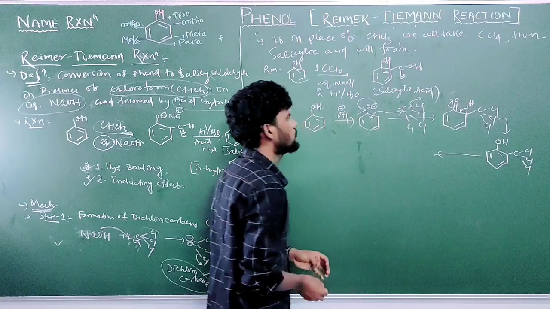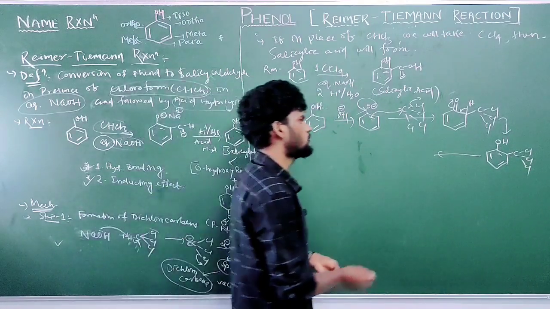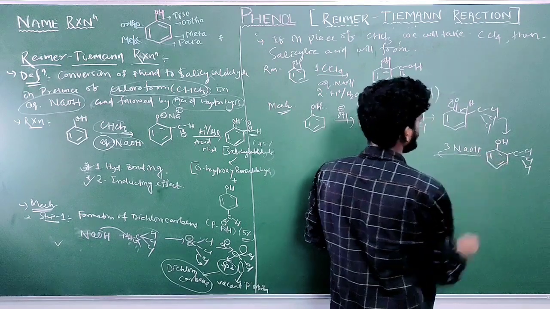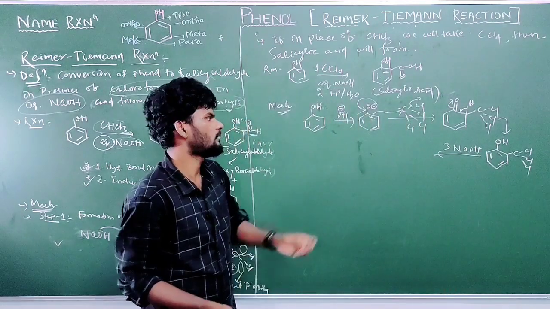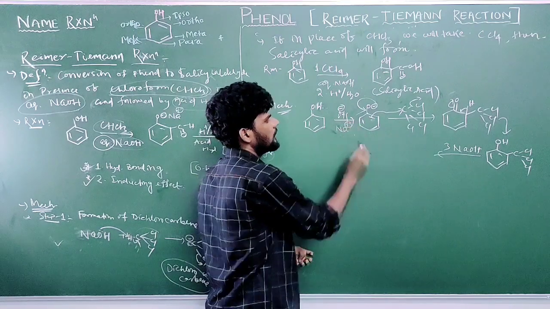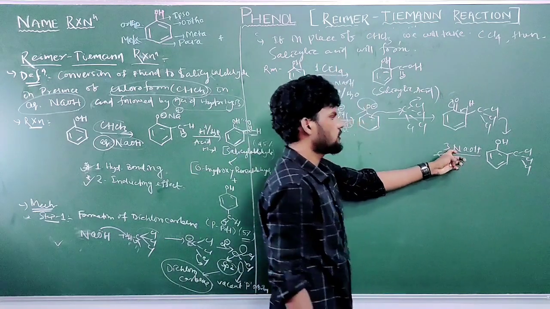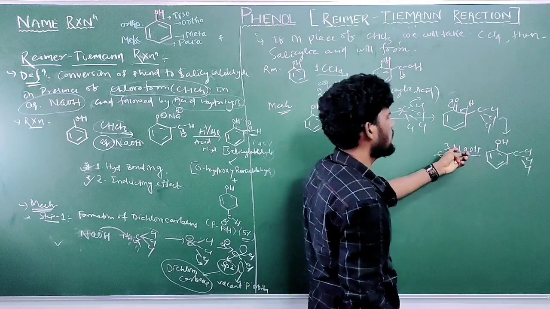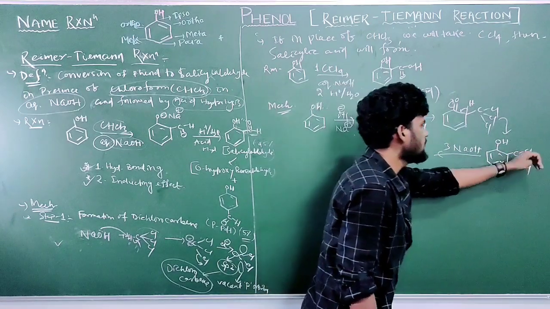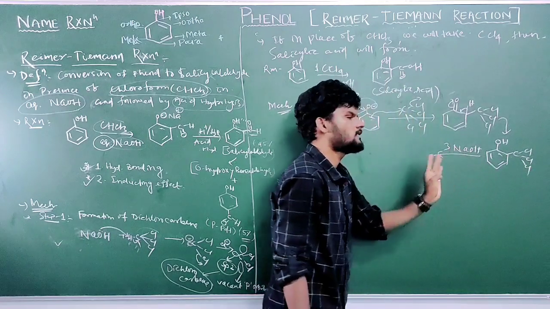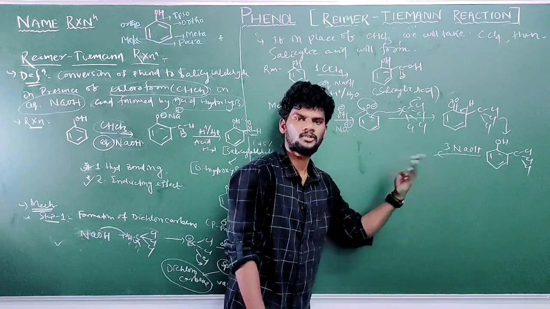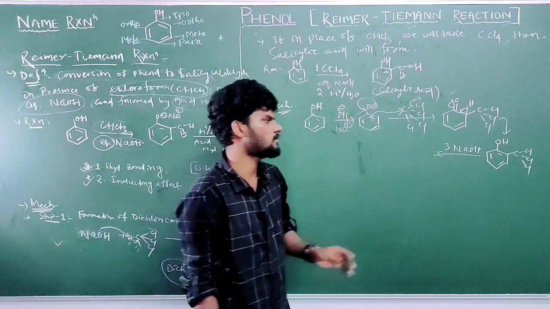In the next step, if you use 3 moles of sodium hydroxide, extra 3 moles, what will happen? There are 3 chloride ions. The 3 chloride ions will be replaced by 3 hydroxide ions of NaOH through a normal substitution reaction.